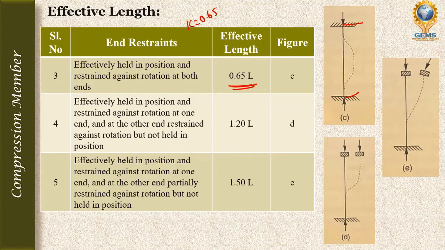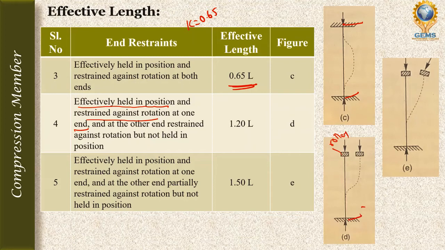And the fourth condition is effectively held in position and restrained against rotation at one end. So one end is held in position and restrained against rotation, that is a fixed connection. The other end is restrained against rotation but not held in position. This is a roller condition.